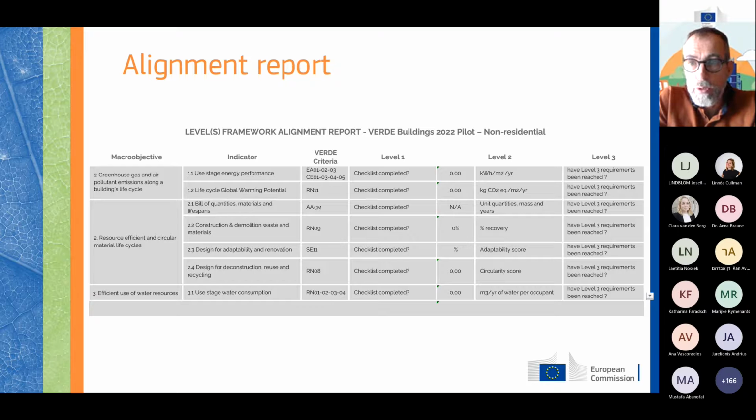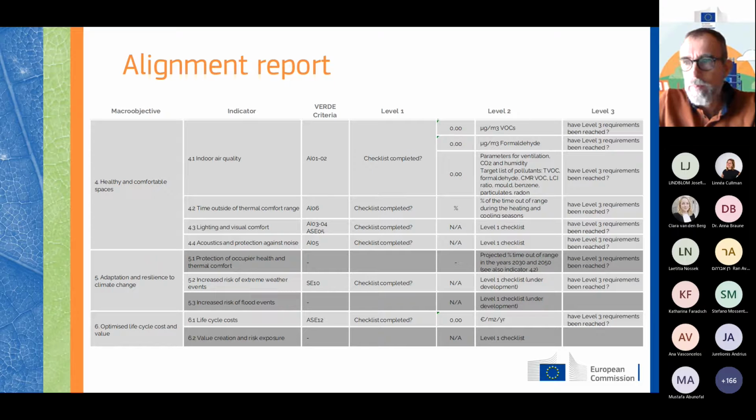There we show the levels macro objectives and indicators and which criteria of Verde align with them. And if the checklist has been done, for example, in level 1, or if in level 2 we include numerical indicators, we show which degree has been reached. This is the whole alignment report.